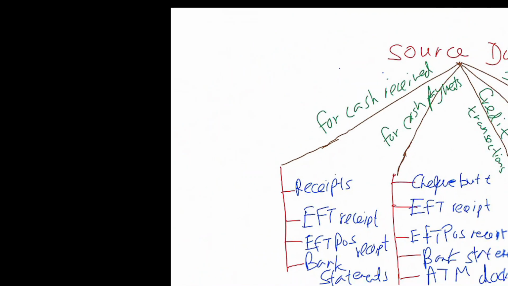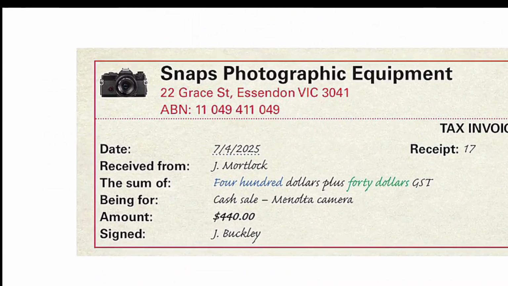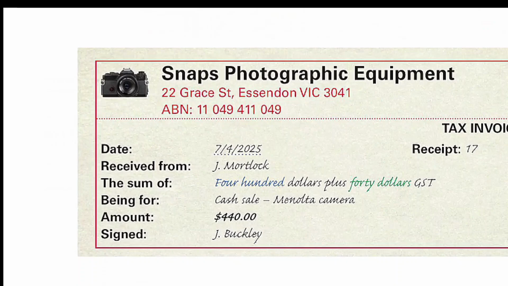So for the source documents, guys, don't call it a tax invoice. Why? It is wrong. A tax invoice can be anything. Any source document that includes GST is a tax invoice. Okay? So this is a receipt. Why? Who has received the money?